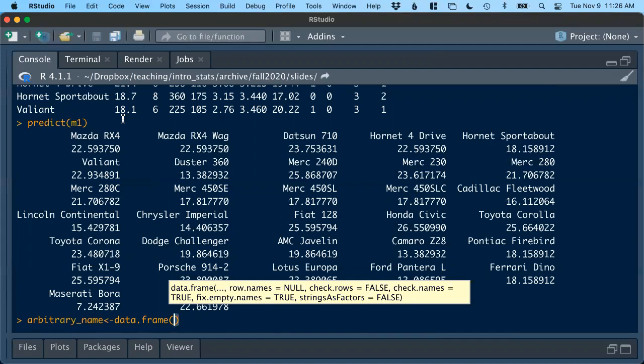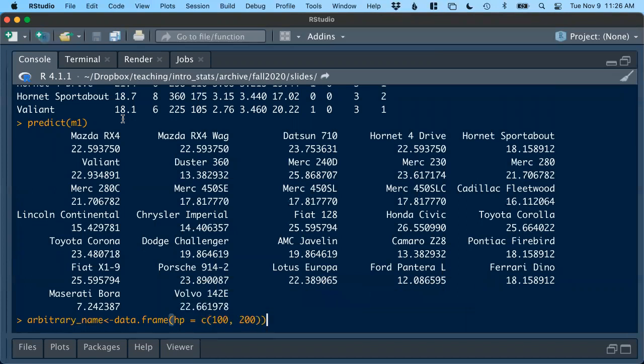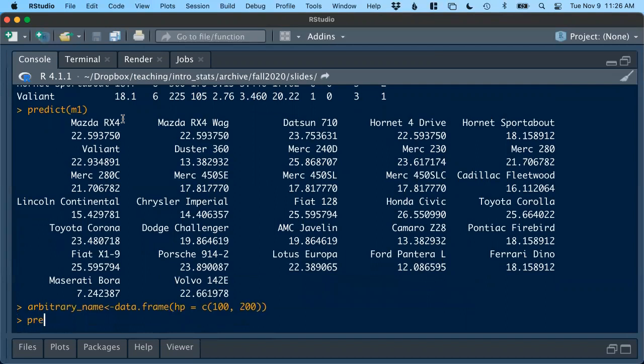So in this case, HP equals, let's say I want to predict 2 MPG values, 100, 200. Now let's predict M1 on the arbitrary name as our new data, and let's make sure to clarify that this is the newdata argument.